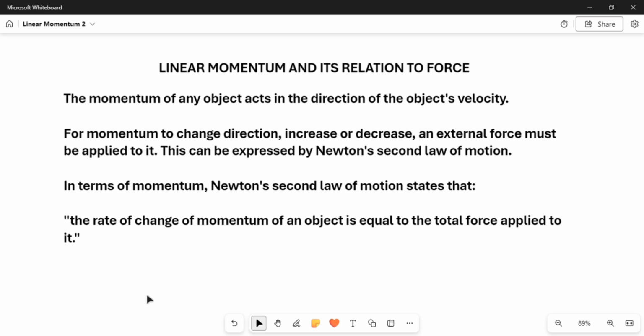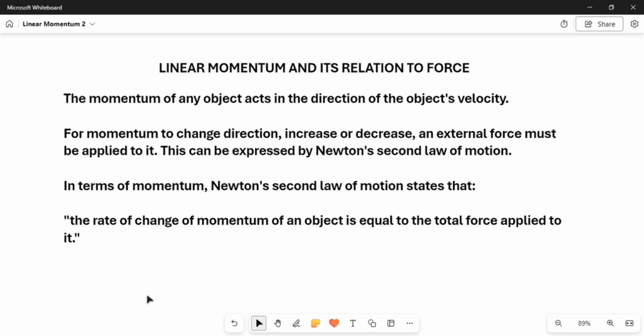What I mean is this: for the momentum to change, the velocity must change. So for the momentum to change direction, to increase or to decrease, the velocity must be impacted upon. So either the velocity will reduce or it will increase.